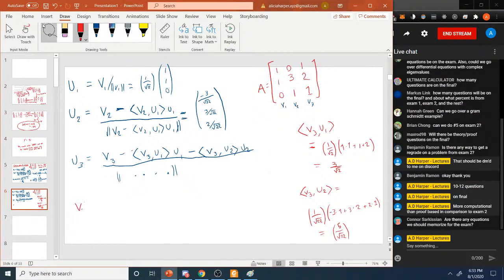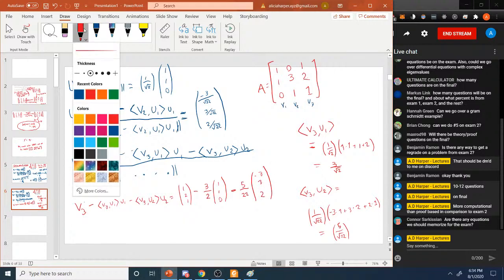Okay, so V3 minus the inner product of V3 with U1 times U1 minus the inner product of V3 with U2 times U2 is equal to 1, 2, 1 for the V3, and then minus 3 over 2 times 1, 1, 0, and then minus 5 over 22 times the vector negative 3, 3, and 2.